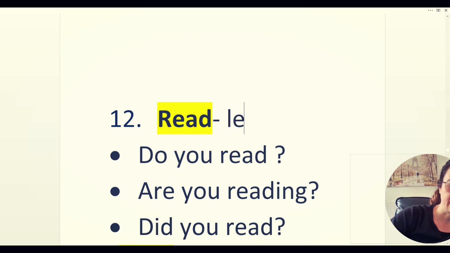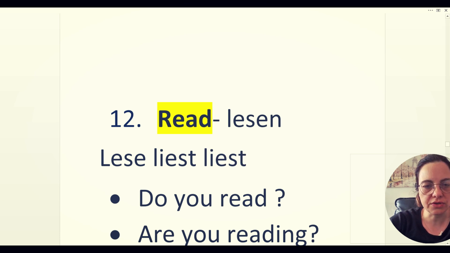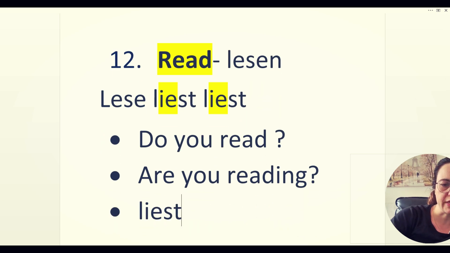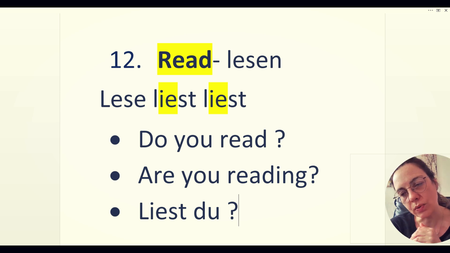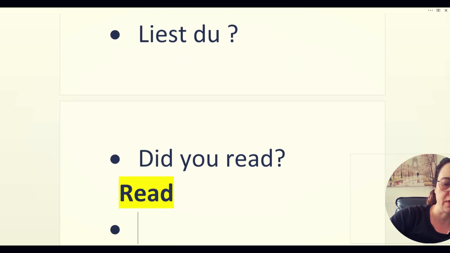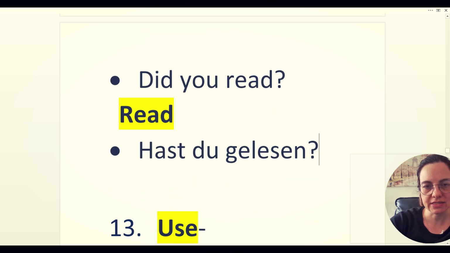Read, lesen. Ich lese, du liest, sie, es liest. So it's an irregular one. "Do you read", "are you reading" would be "liest du". Liest du ein Buch oder eine Zeitung? Was liest du? And "did you read" would be "hast du gelesen". Lesen, gelesen.